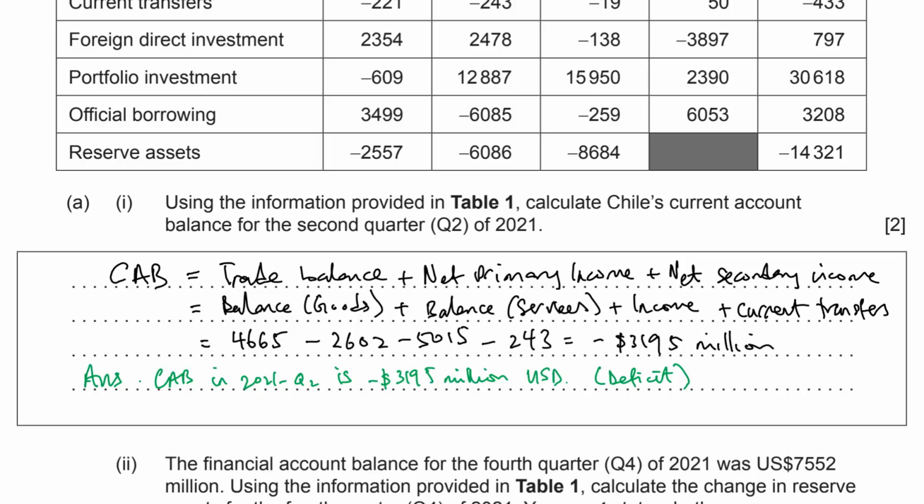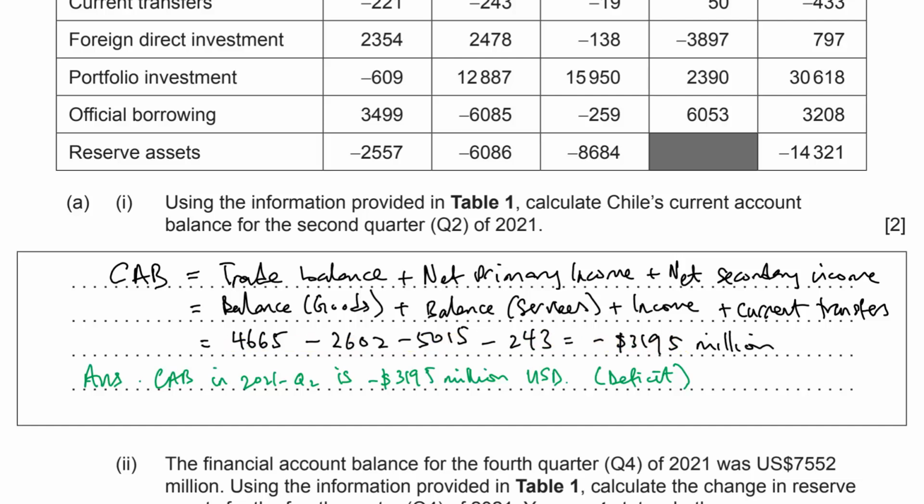Right, so here we've got, as I mentioned, the balance in goods, the services balance, the income balance, and our current transfers, which is equal to 4665 minus 2602 minus 5015 minus 243. And if you mash those buttons in your calculator, you're going to get minus 3,195 million US dollars, which is $3.2 billion in deficit.